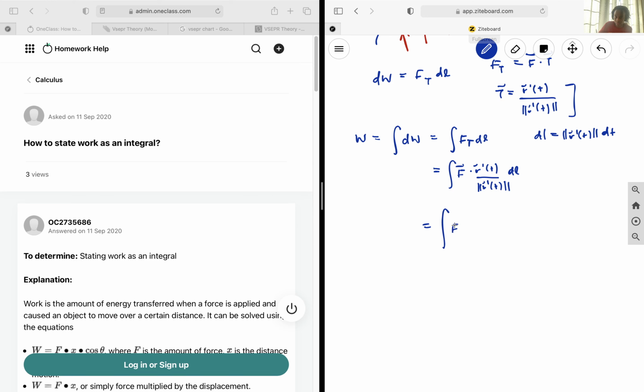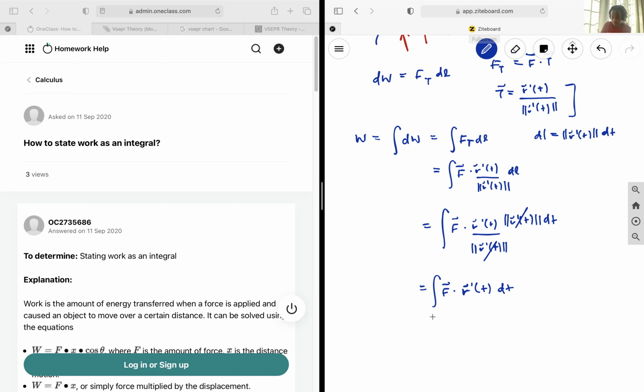We get the integral of the force dot the tangent vector, and then we're going to put in our dl/dt. These two will of course cancel out, and so this will give us the integral of F dot the derivative of the vector describing the path, dt.